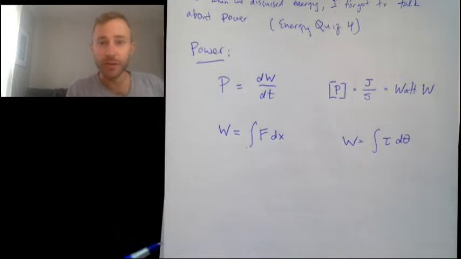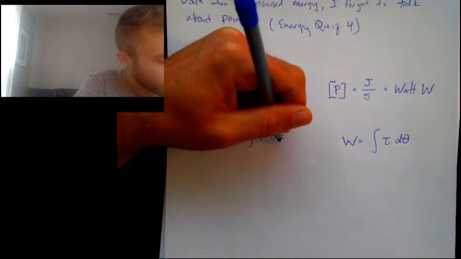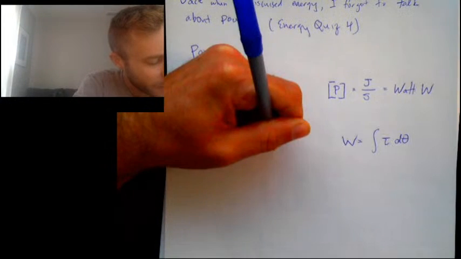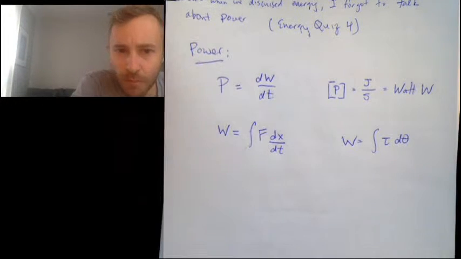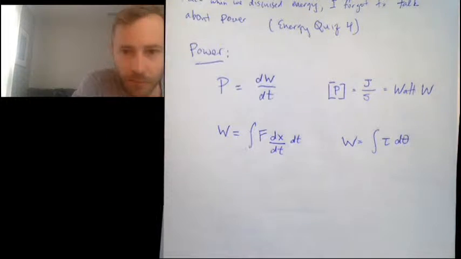So I'm going to take the derivative of these with respect to time. Now I'm going to do a little tricky trick. I'm going to divide by dt, and then I'm going to multiply by dt.